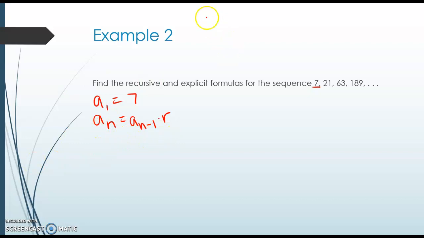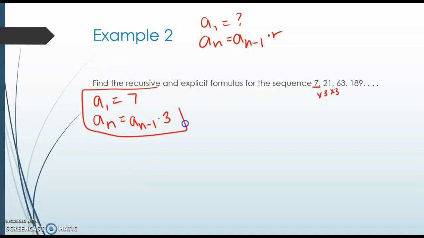So we need what our a sub 1 equals, and then a sub n equals a sub n minus 1 times r. We just need to figure out what r is. Well, 7 to 21 would be times 3. 21 times 3 is 63, and then 63 times 3 is 189. So our common ratio is 3. And that's the recursive. That's all we have to do for recursive.